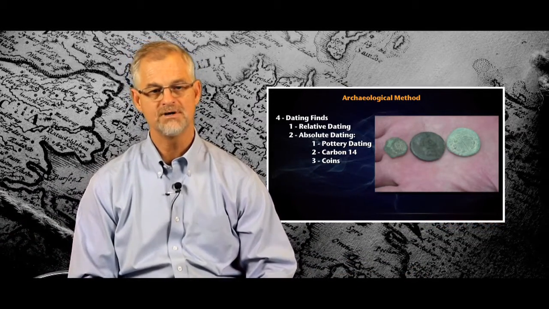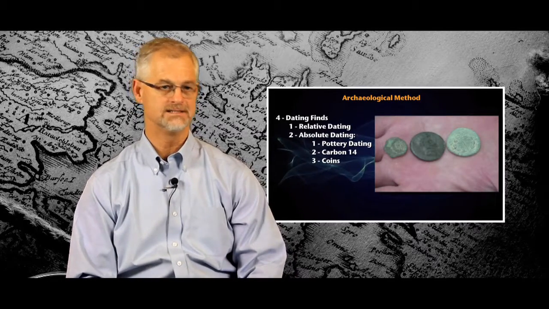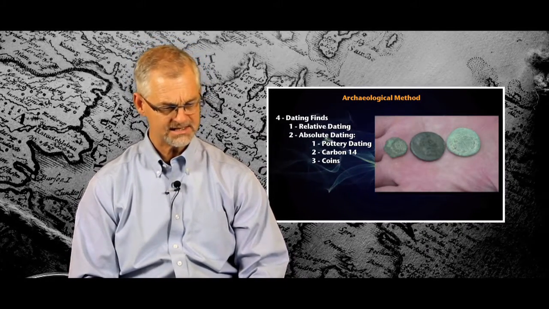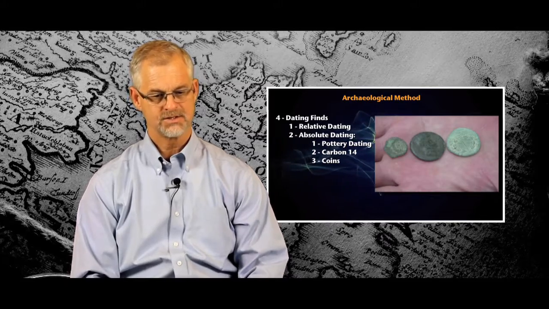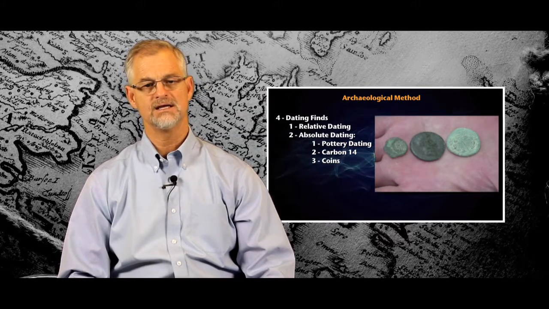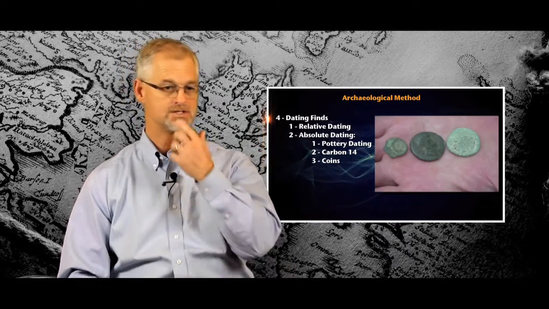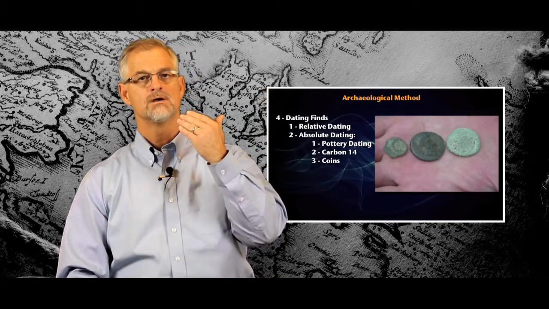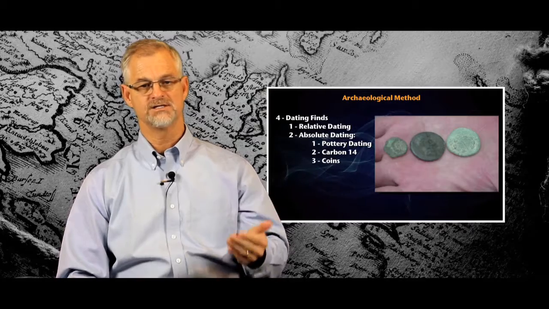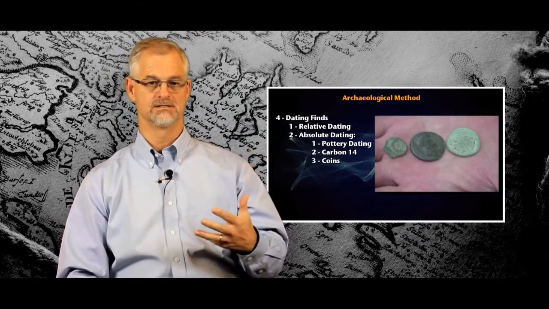There's one other type of absolute dating I'd like to talk about, and that is carbon-14 dating. A lot of silly things are said about carbon-14 dating, so let me clear the air a bit. Carbon-14 is a form of dating that is very useful under certain circumstances and not so much under others. Carbon-14 is a radioactive isotope of carbon that is ingested by living things.